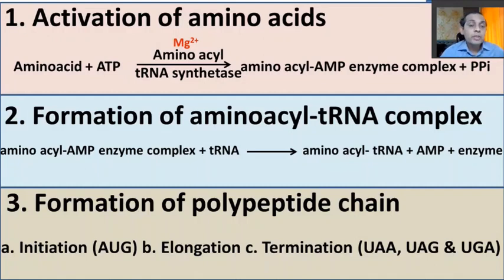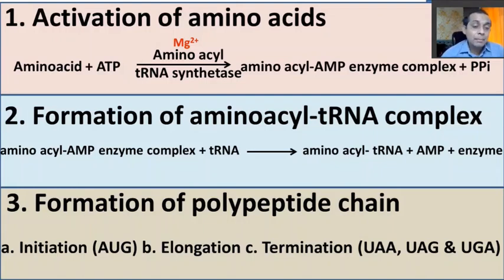Here also amino acids are activated with the help of ATPs with a very specific enzyme called aminoacyl tRNA synthetase. In the presence of magnesium ions, they make aminoacyl AMP enzyme complex and 2 phosphates are released. Once the amino acids are activated, the activated forms are called aminoacyls.